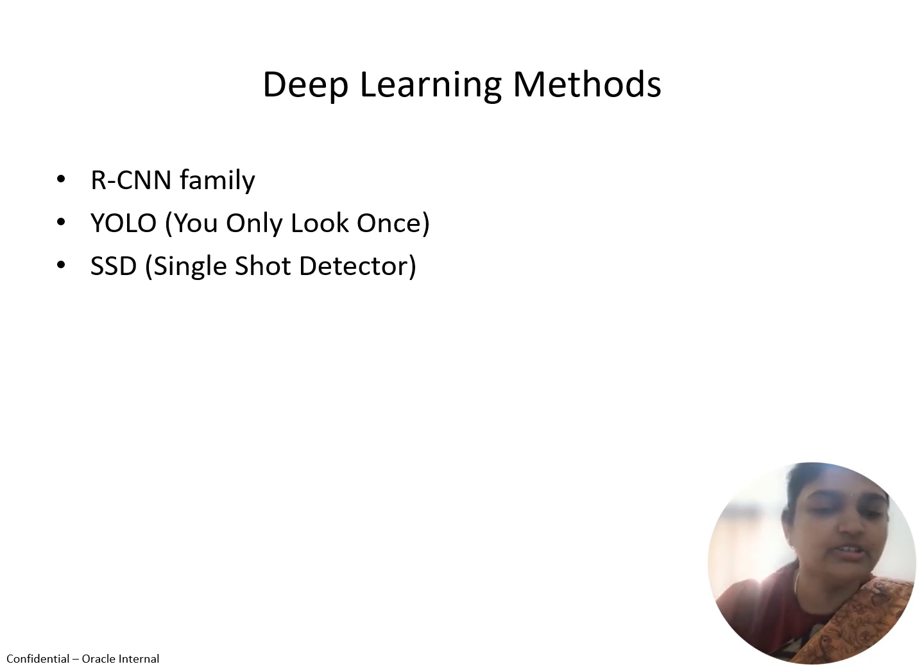Next one is single shot detector. This is an object detection algorithm that identifies objects and their bounding boxes in an image by performing detection in a single forward pass of the neural network. Within the single pass, the network detects the objects. So the name itself implies a single shot detector.